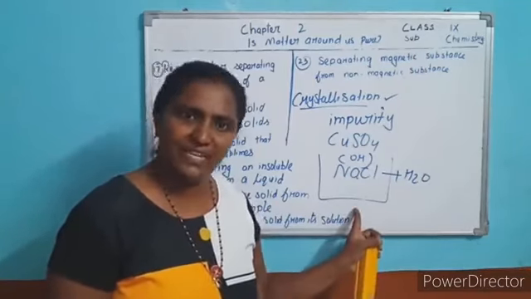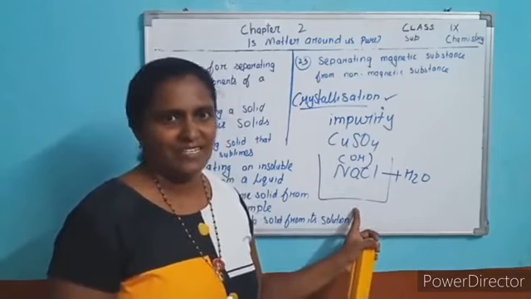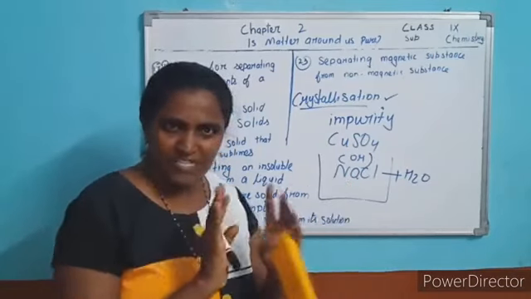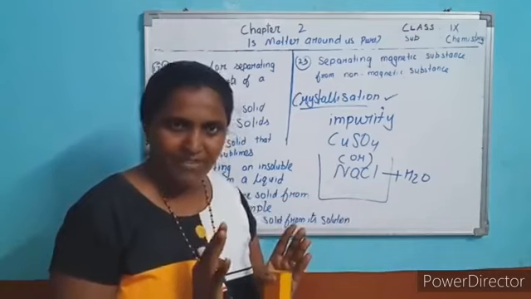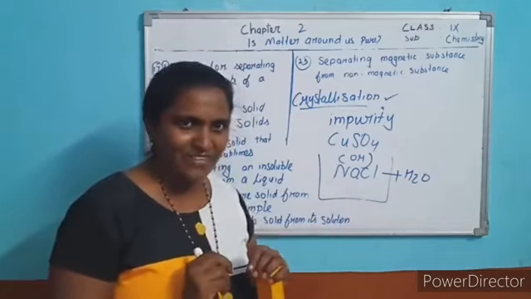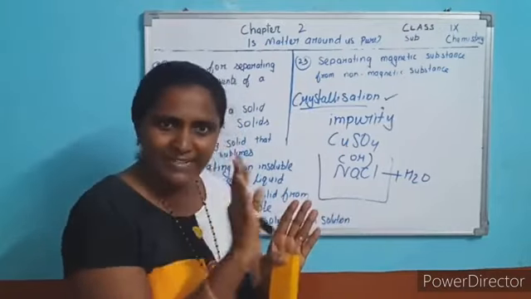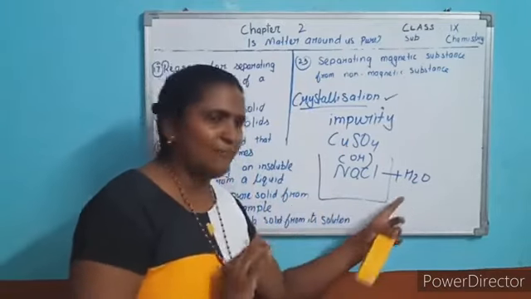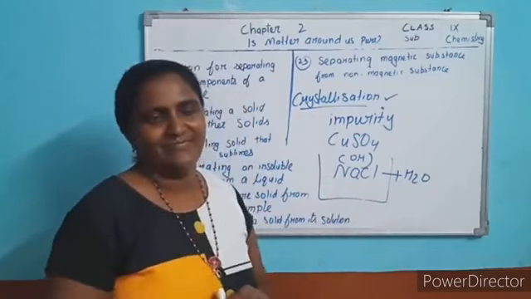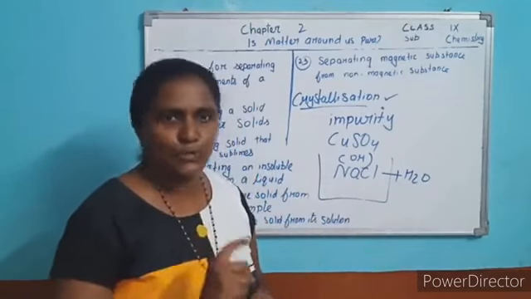Impurities remain with the mother liquor. Understood? First prepare a saturated solution in which only NaCl dissolves, and allow it to cool. NaCl solid crystals will form, and impurities remain along with the water at the base. That is called mother liquor.